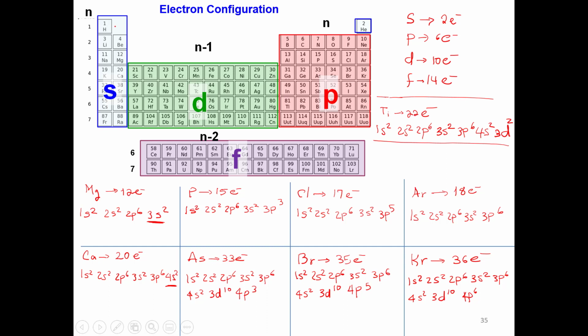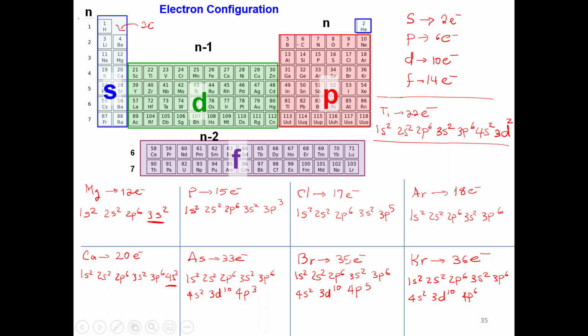Then all the elements in this column had 2 electrons in the last shell, in the same way we found for magnesium and for calcium. This is important when we study ionic bonding and chemical reactions. To know this has 2, I will write here just 2 electrons, but you know it's 2 electrons in the last shell for all the elements in this group.